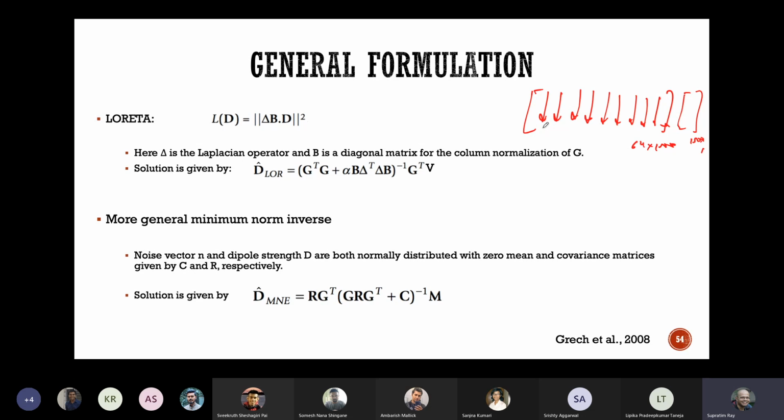And you just want to make sure about the dipoles that are very deep. If a dipole is very deep, that column will have very small values, because the contribution of that dipole on the surface is going to be small. So you just want to make sure that they get normalized so that each column now has the same weight.